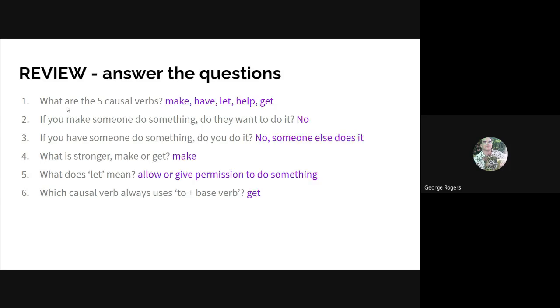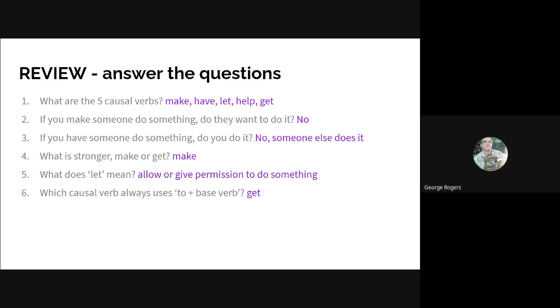Okay. So what are the 5 causal verbs? Make, have, let, help, get. If you make somebody do something, do they want to do it? Usually no. Sometimes they might not mind it.